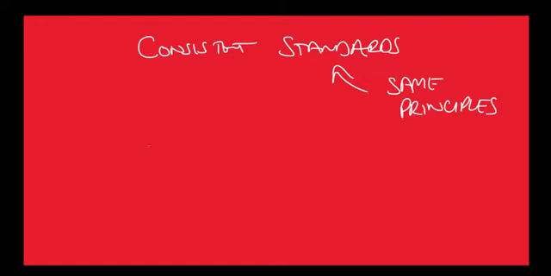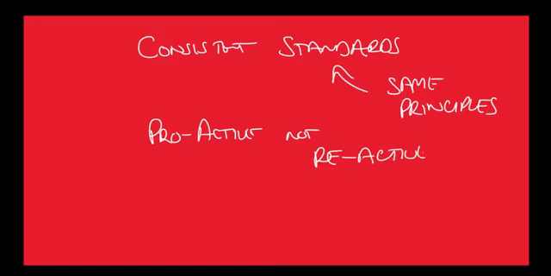And what it means is that standards can be proactive and not reactive. What that means is that if an issue comes about, we don't have to create a new standard.